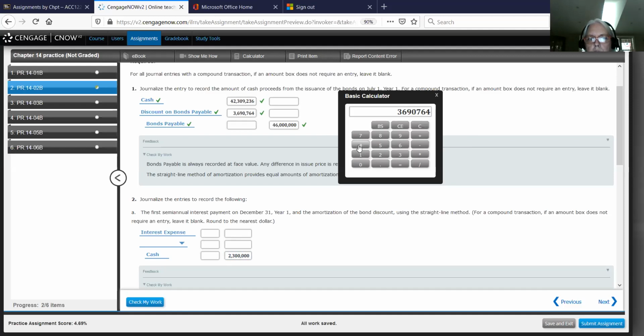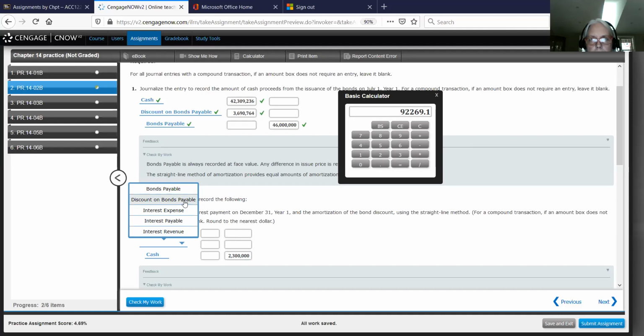I'm going to divide this amount by the number of periods in the life of this bond issue, and since we pay interest semi-annually, the number of periods will be 40 periods. So I'm going to divide this by 40 periods, and that will give me the amount of my bond discount that I amortize.